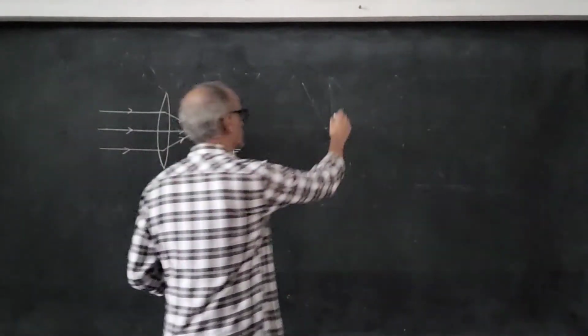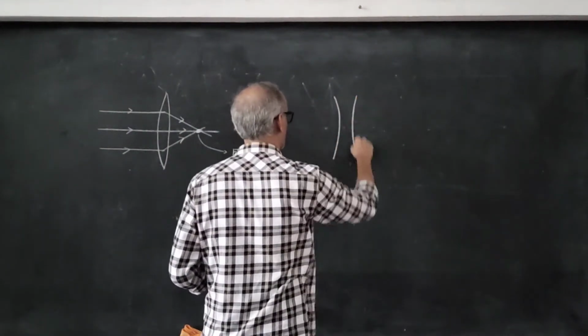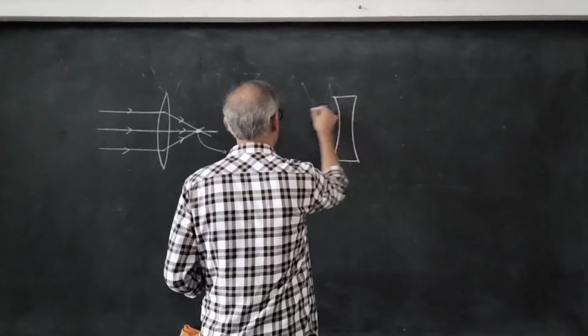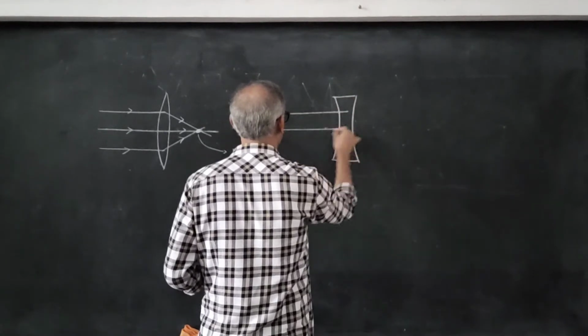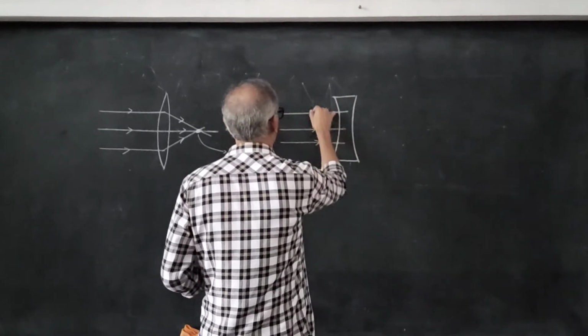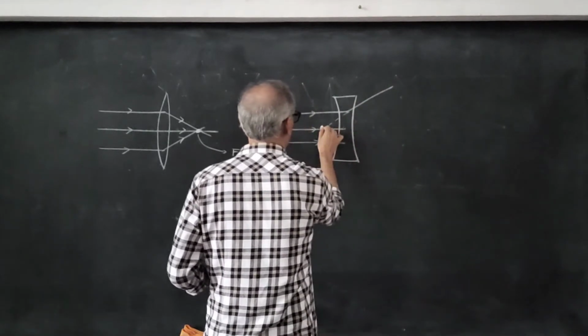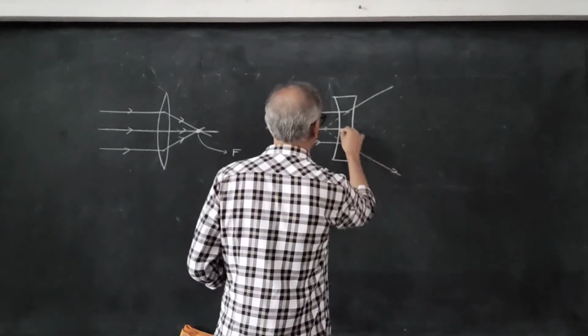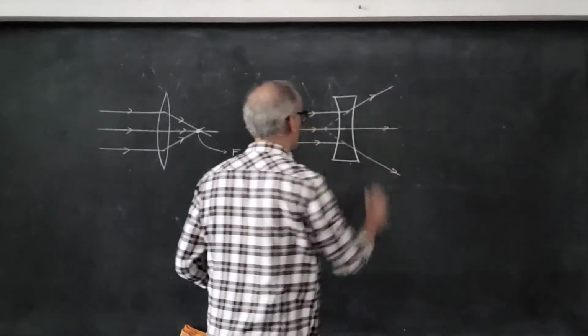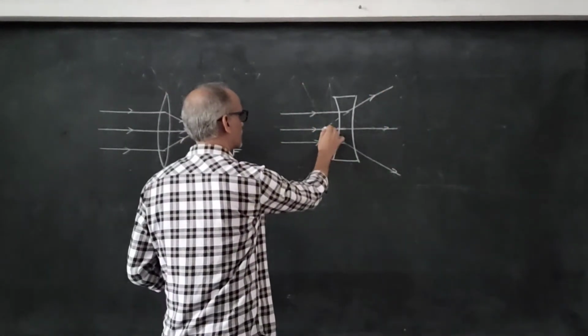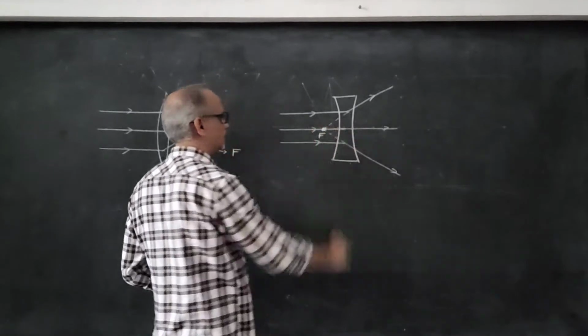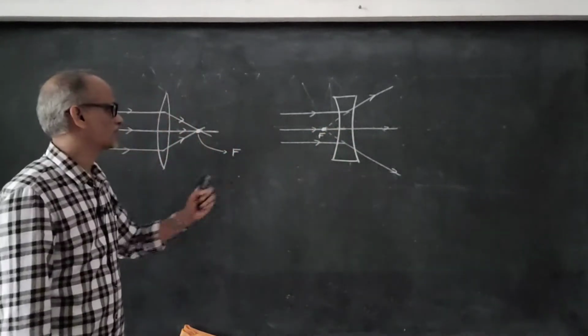In the case of concave lens, if a parallel beam is incident, after the refraction, the rays appear to diverge from a point which is behind the lens. That point is also called principal focus.